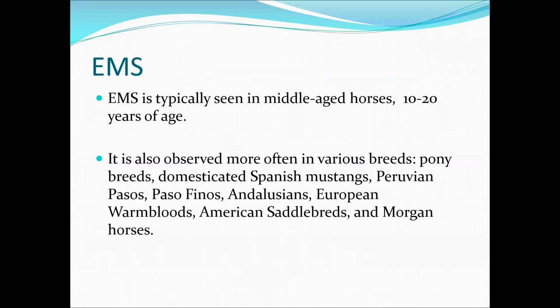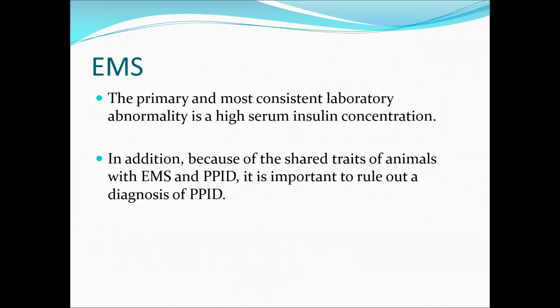So again, middle-aged horses tend to be our target here. Again, pony breeds, Mustangs, Passos, some of our Spanish breeds, Morgans and saddlebreds can be predisposed to true EMS. All right, so again, if we're testing these horses, what we're looking for is a high insulin level.